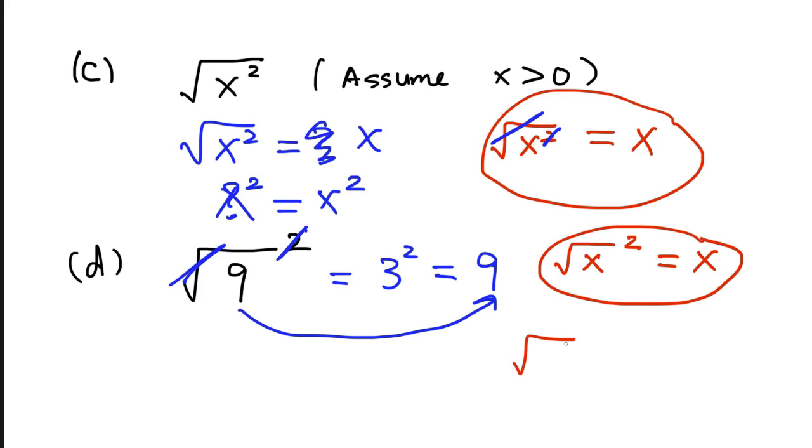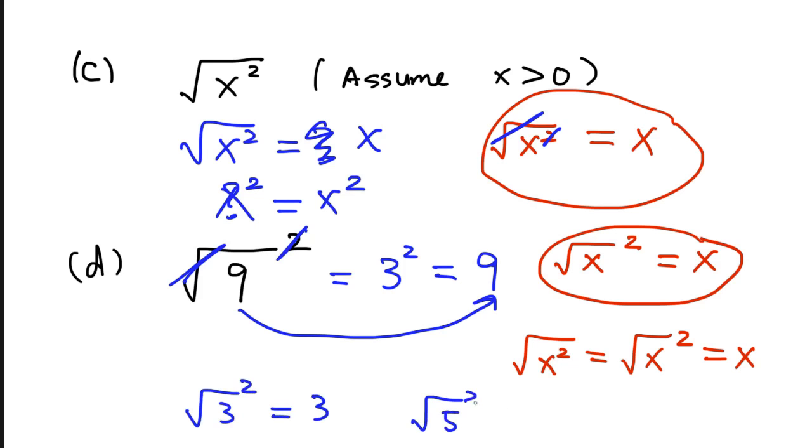Whether that square is inside the radical or outside the radical, it doesn't matter. That square cancels the radical sign, it gives you x back. For example, what is square root of 3 squared? Well, this equals 3. What is square root of 5 squared? That is 5. Okay?